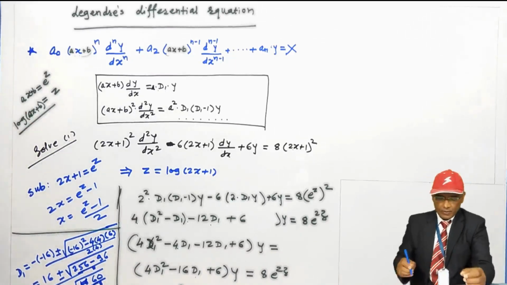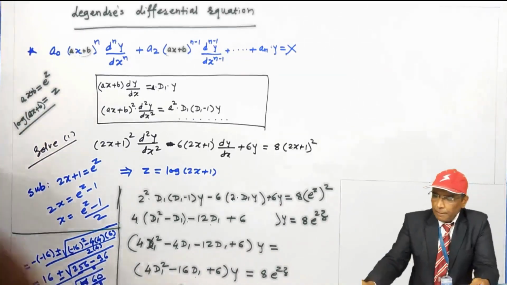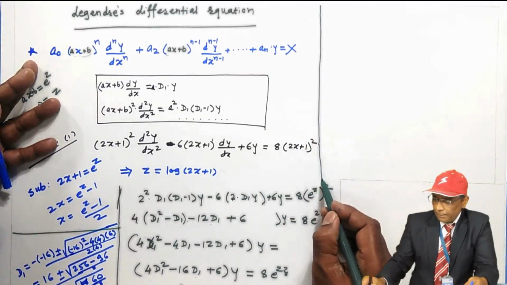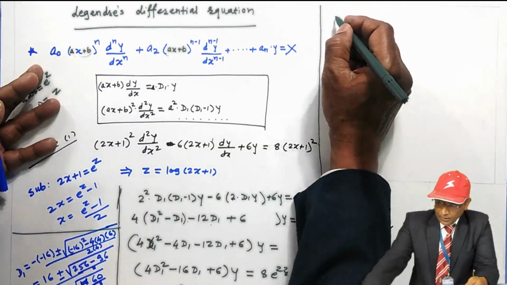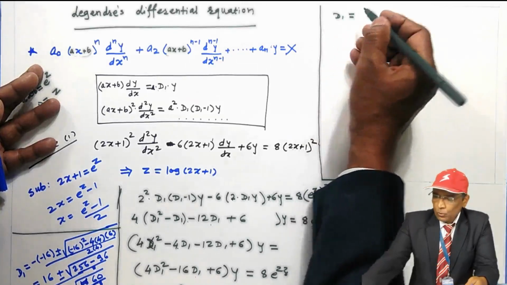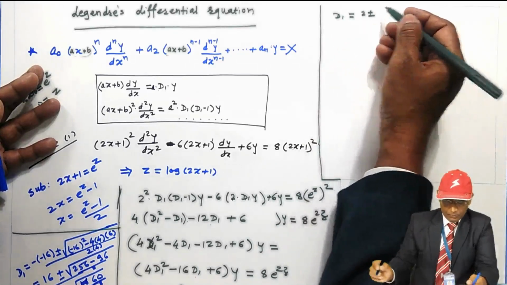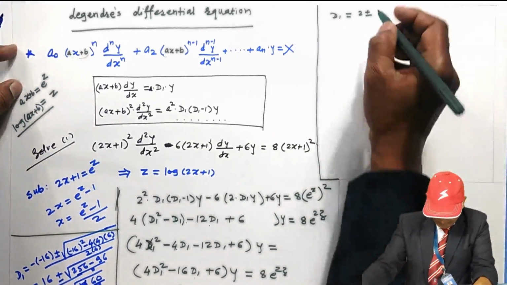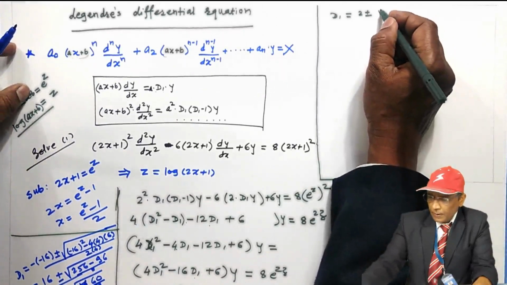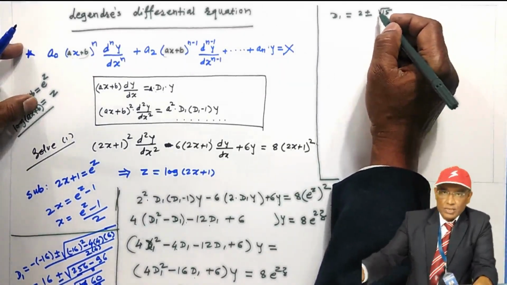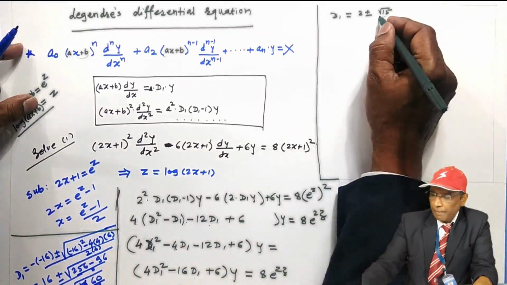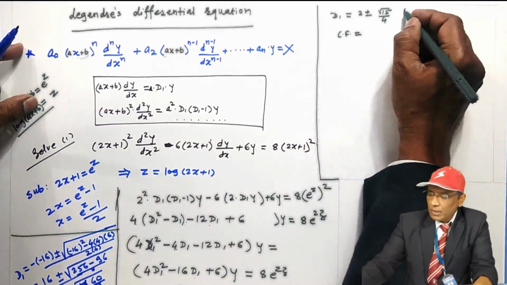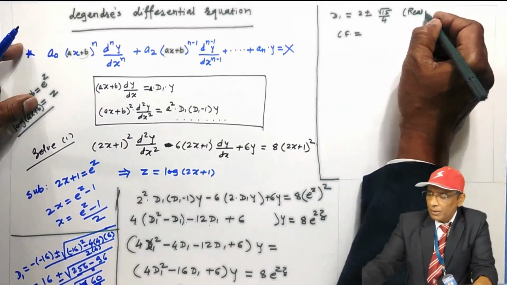Now, therefore, D1 equals 2 plus minus under root 10 by 2. Therefore, the complementary function: these two roots are real and different.